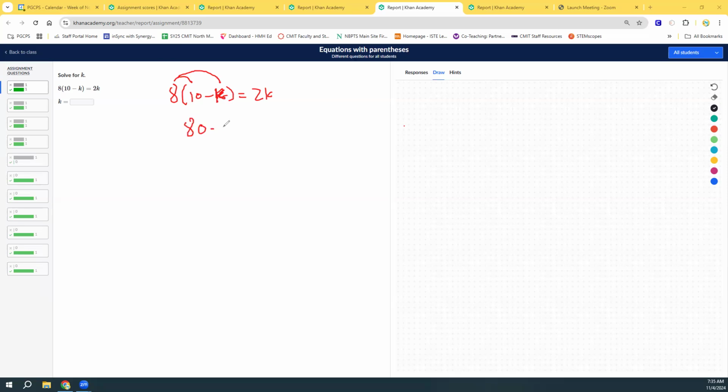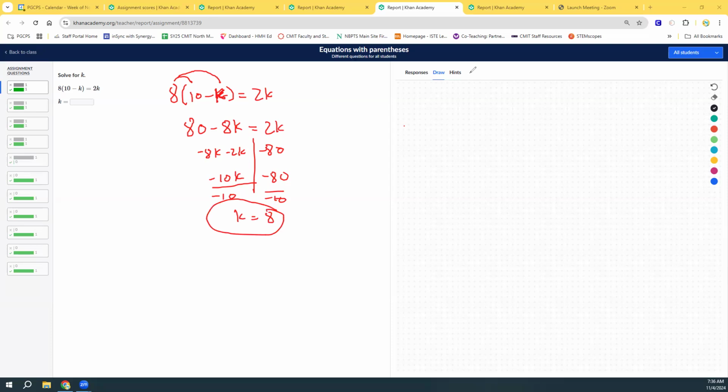So 80 minus 8k, there we go, equals 2k. Draw the line, put those variables on the left, put that number on the right, change the sign. We got a negative 10k over here. We got a negative 80 over here. We're going to divide by negative 10. And k equals 8. Final answer.